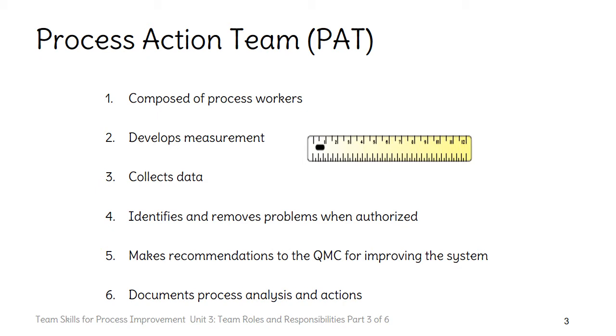After the team has identified and analyzed the data, it is normally their responsibility to make recommendations to remove or reduce special causes of variation and/or to report common cause variation to the QMC.